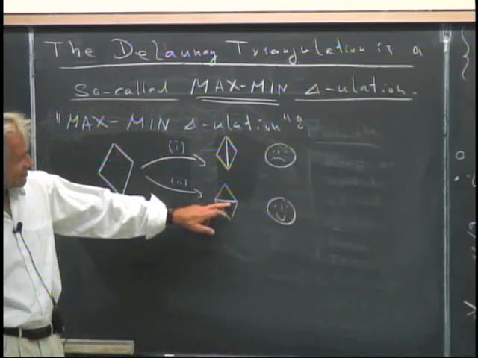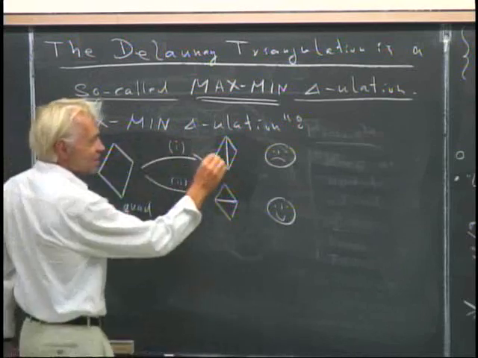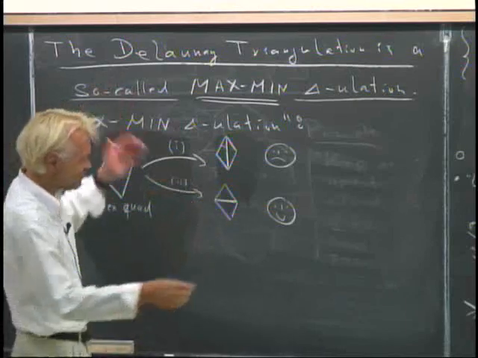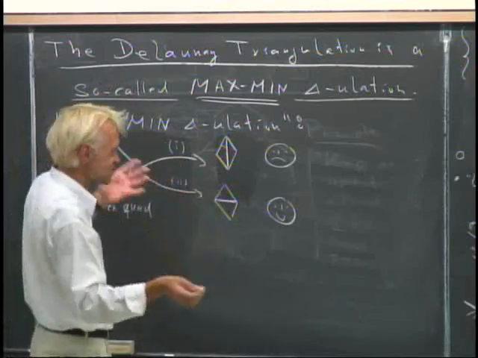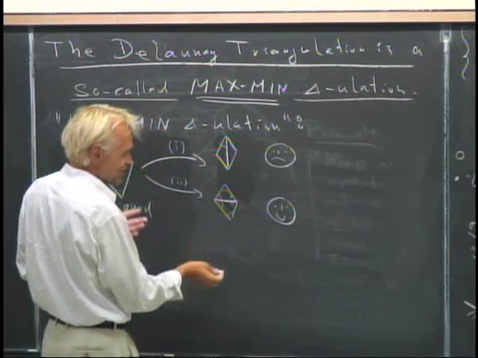Because when I look at the minimum angle here, it might be this guy. The minimum angle here might be the same angle everywhere, right? The angle is 60 degrees everywhere, right? This is the minimum angle, same minimum angle everywhere, right?